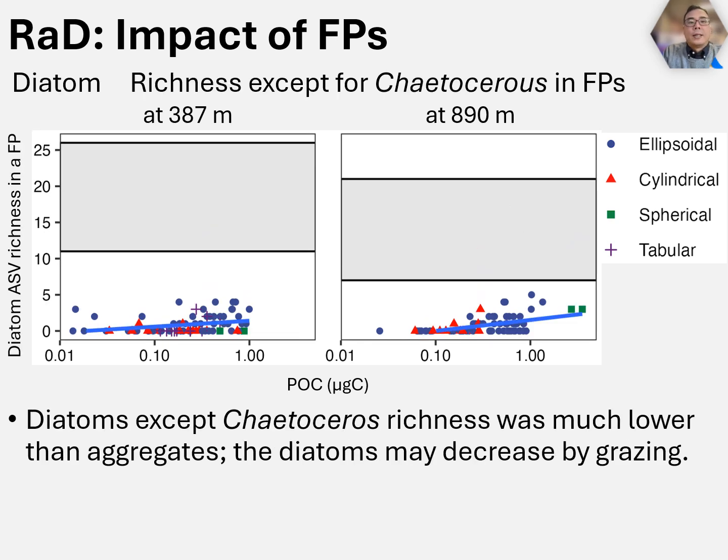On the other hand, the diatom richness except Chaetoceros cells is smaller in the fecal pellets than the aggregates. This indicates that diatoms are not effectively transported by zooplankton grazing processes, and the sinking process without grazing is more important.